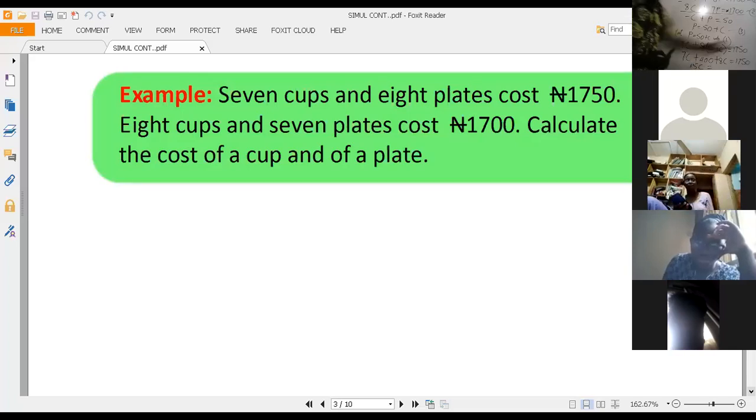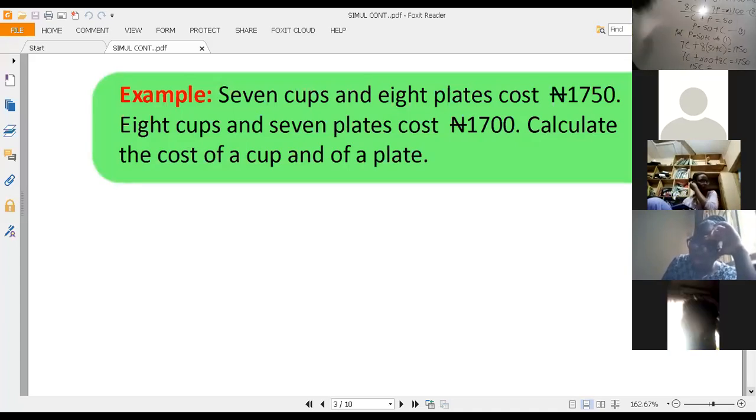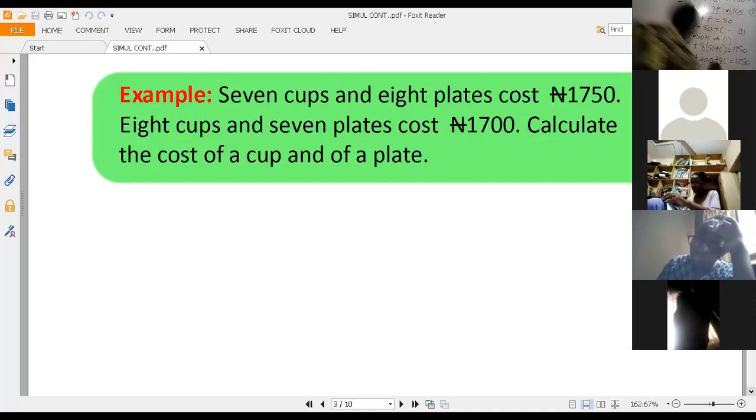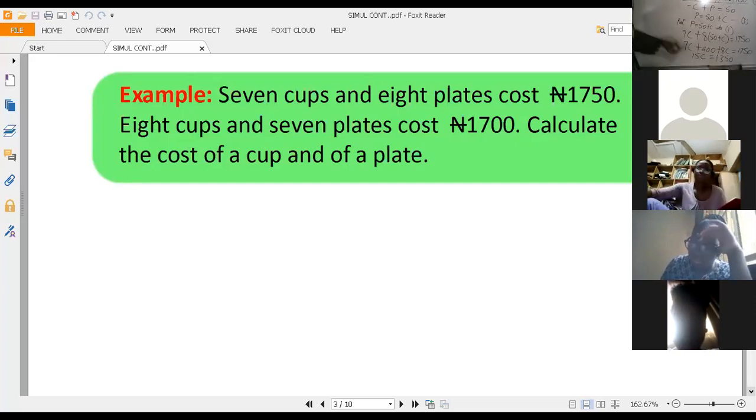So when you do that, you will have 1750 minus 400, which is 1350.